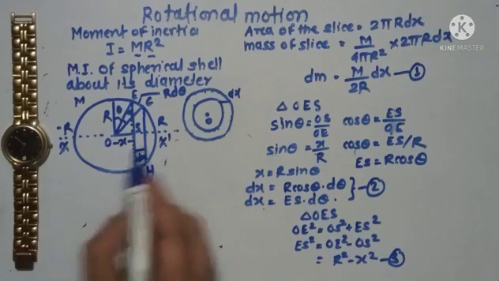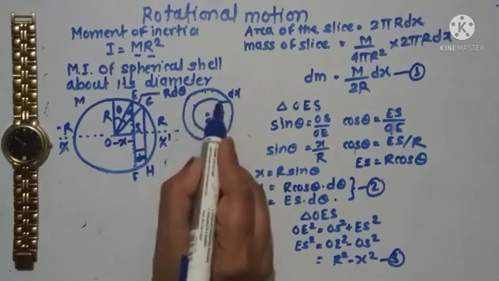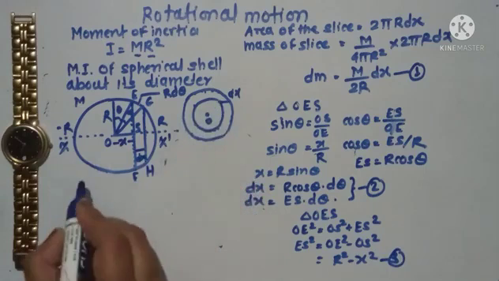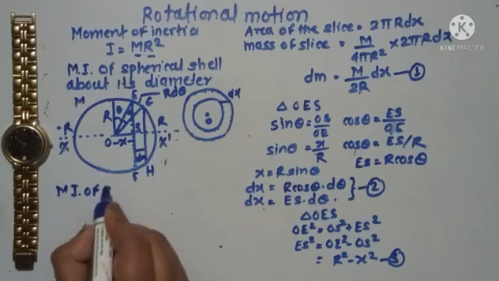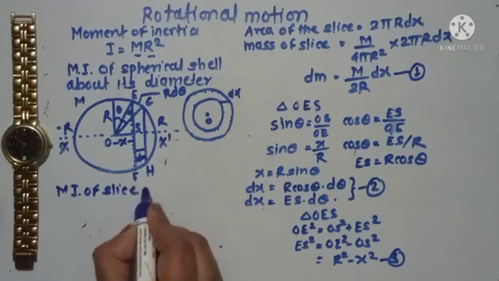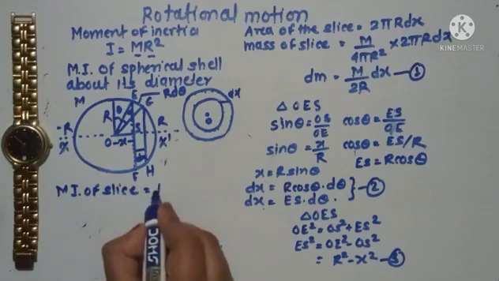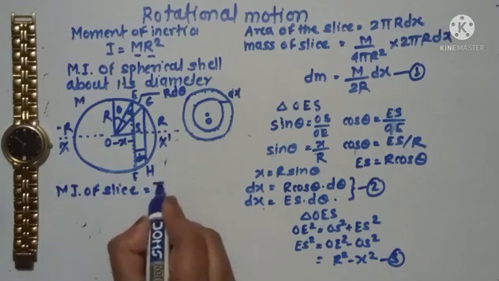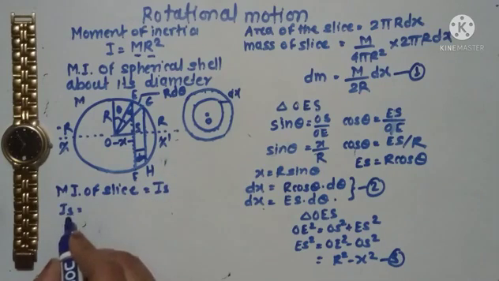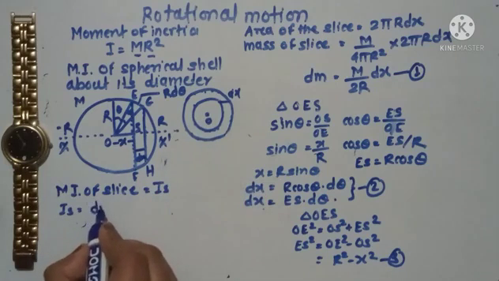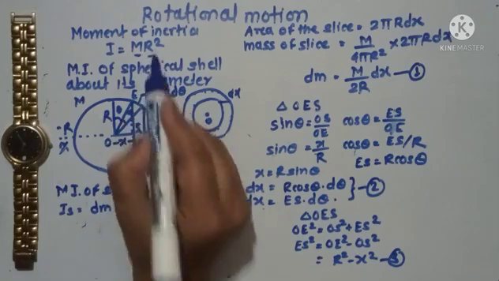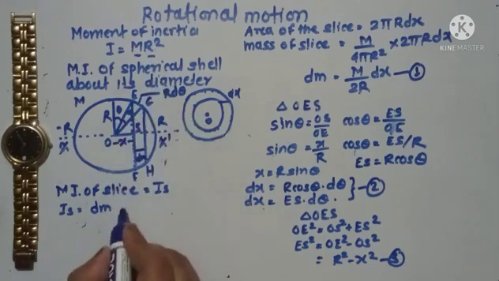Now the moment of inertia of this thin slice about the axis OO dash is given by the moment of inertia of a slice, so let us call it dI. The moment of inertia of this slice about the axis of rotation OO dash is given by the mass of the slice multiplied by the distance from the axis of rotation squared.